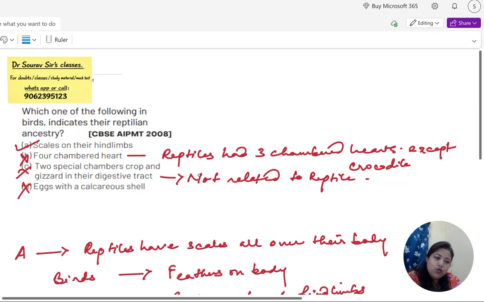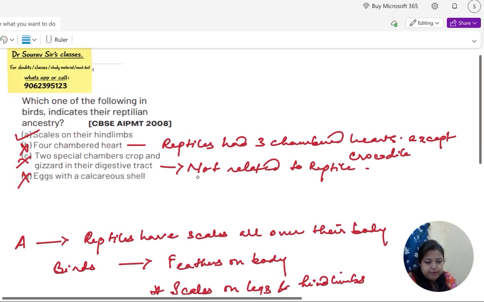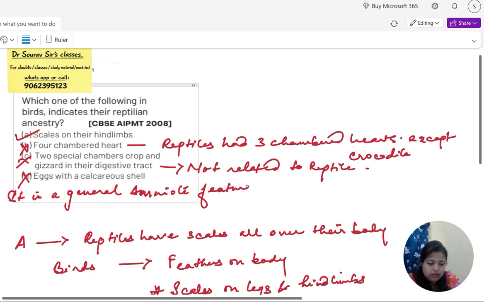So for option number 4, it is a very general amniote feature and not as strong a unique indicator as scales. See, scales are unique indicators.